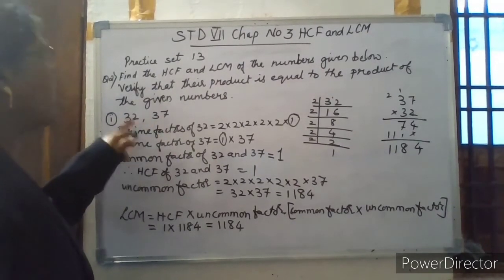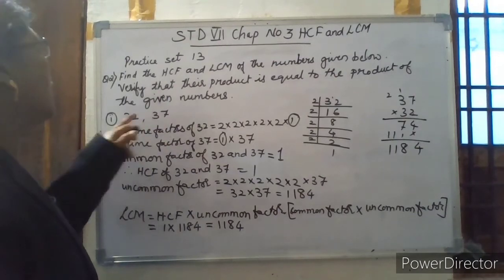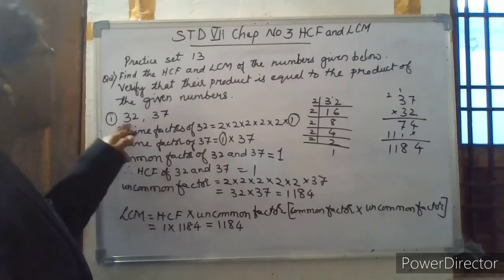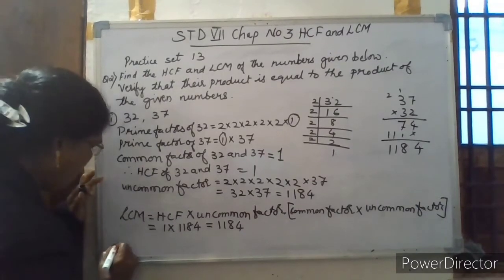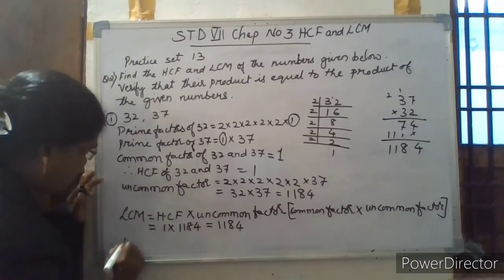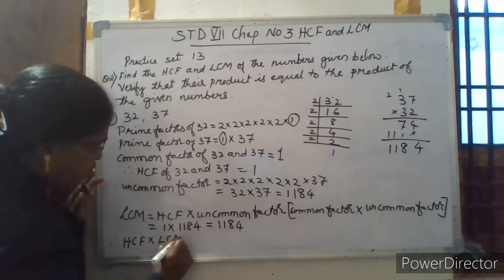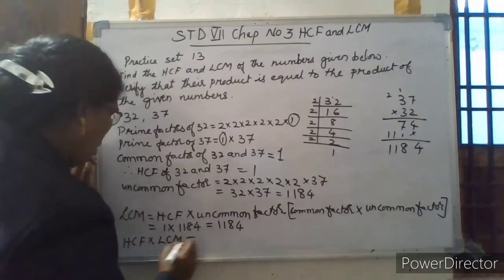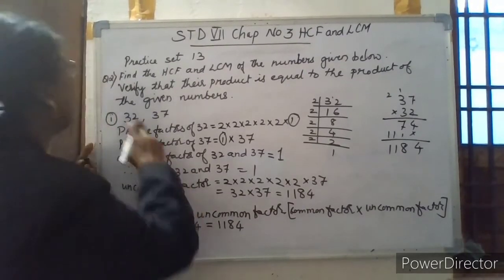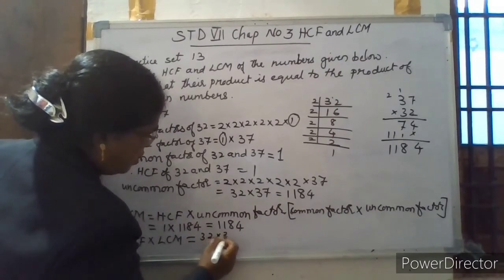So HCF into LCM should be equal to the product of these two numbers, that is 32 into 37.